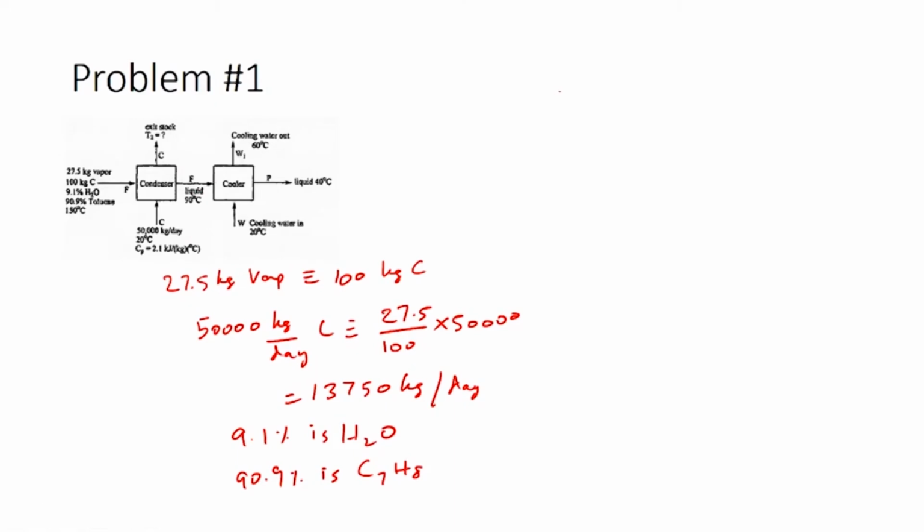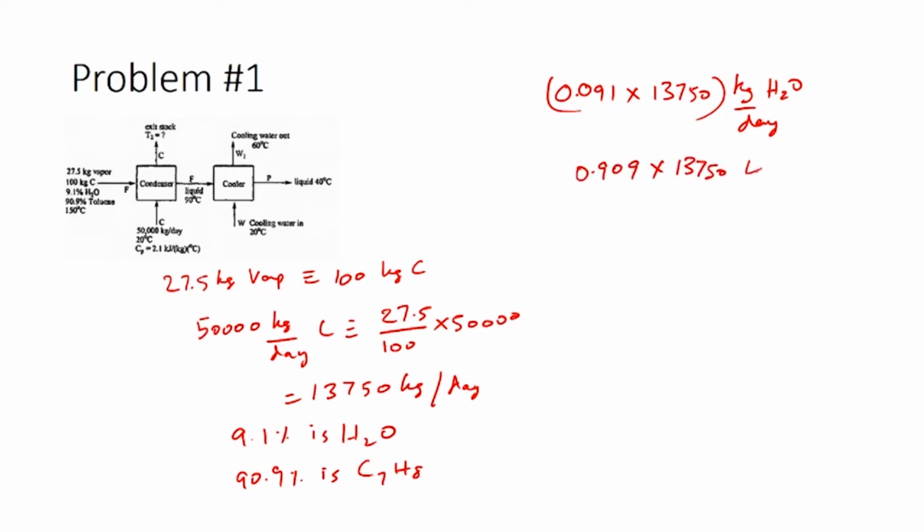So, mass of water would be 0.091 times 13,750 kilograms per day. This is the mass of water entering the system, and mass of toluene entering the system would be 0.909 times 13,750 kilograms of toluene per day.